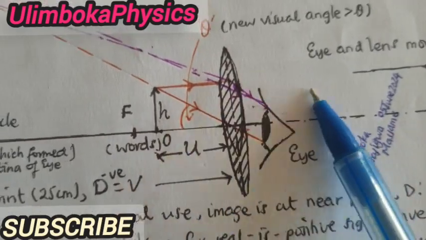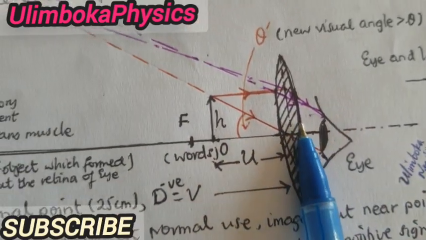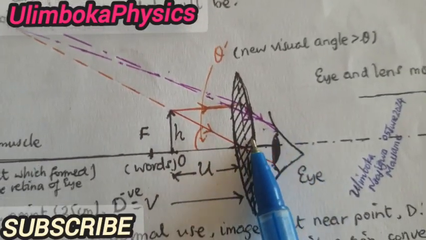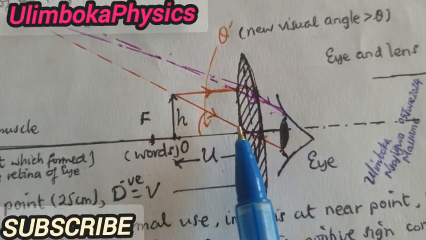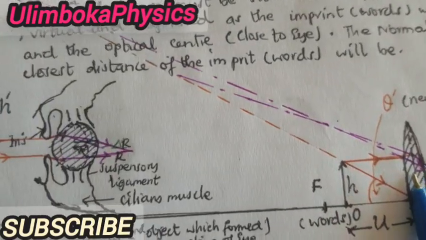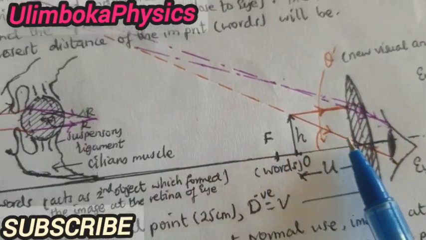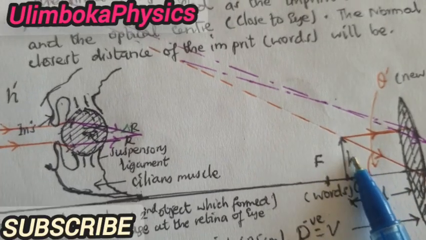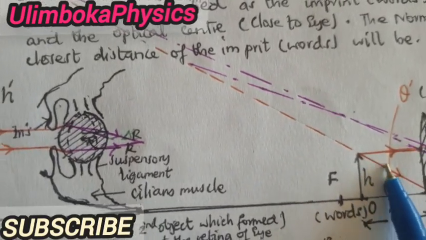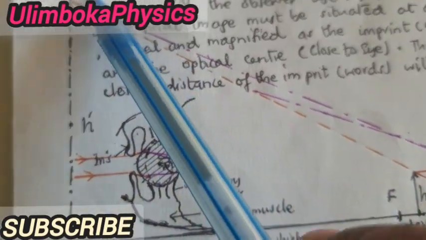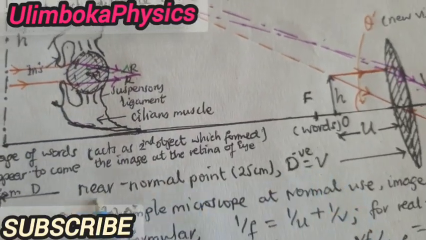Remember, the eyes of the observer must be close to this eyepiece. This acts as the simple magnifying glass or simple microscope. The image of the object is taken to a distance D, the near normal point.